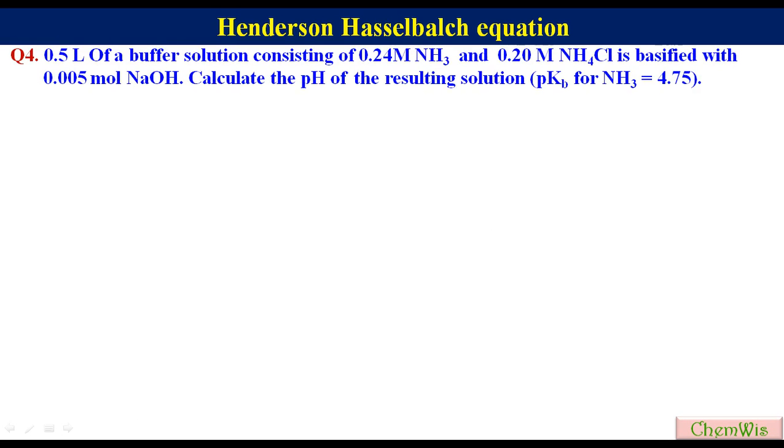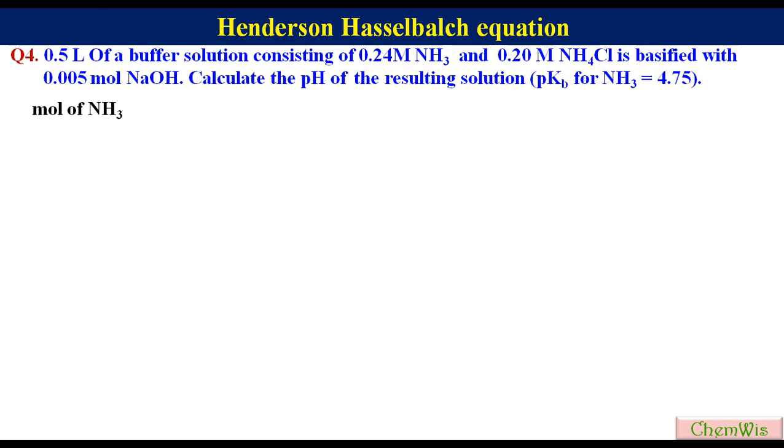Question number 4. 0.5 liter of a buffer solution consisting of 0.24 molar ammonia and 0.20 molar ammonium chloride is basified with 0.005 moles of sodium hydroxide. Calculate the pH of the resulting solution given that pKb for ammonia is 4.75.